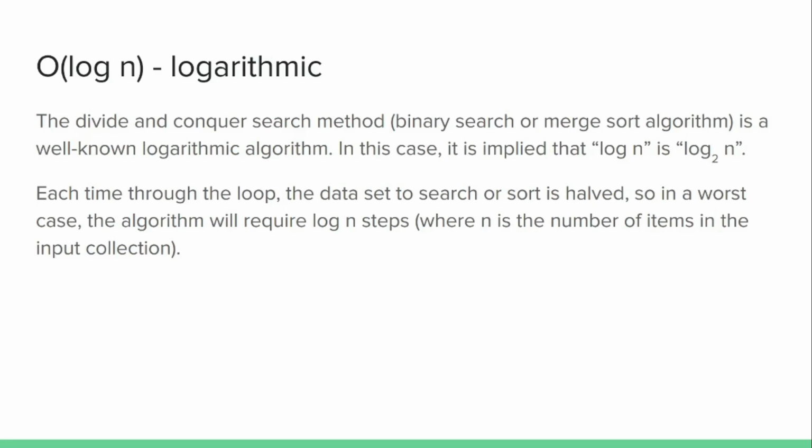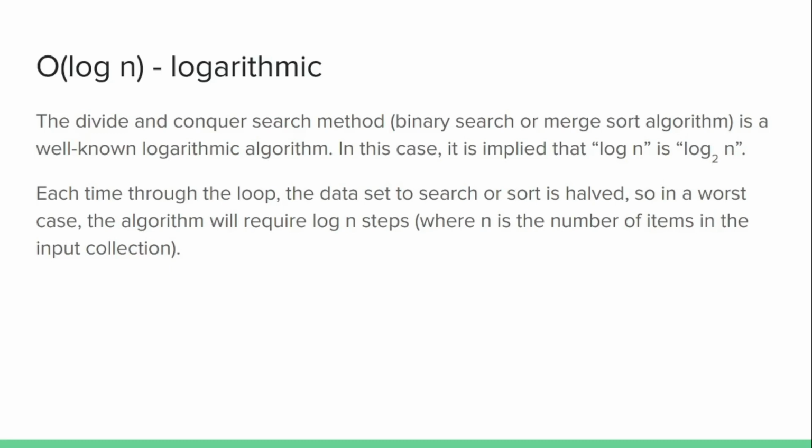In binary search, we have some loop where we're searching for a value in a list of values, and that list of values is sorted. Each time through the loop, we cut our data size, our list, in half. So at most, it will require log n steps, where n is the number of items in the input collection.